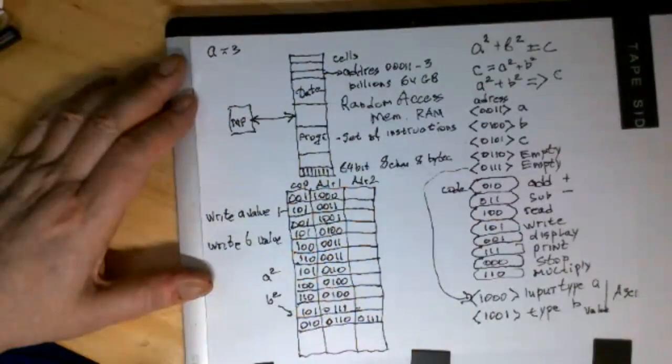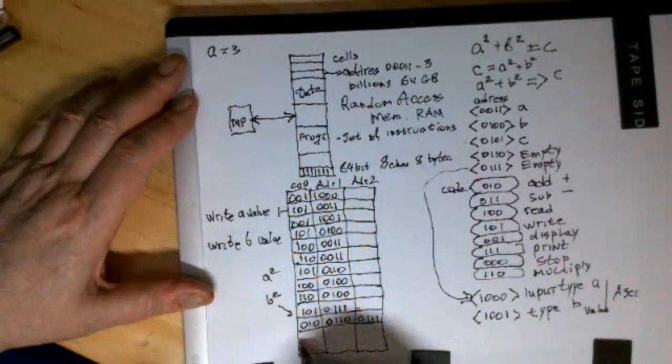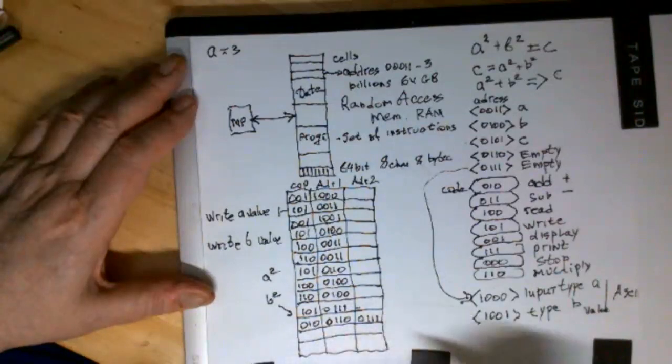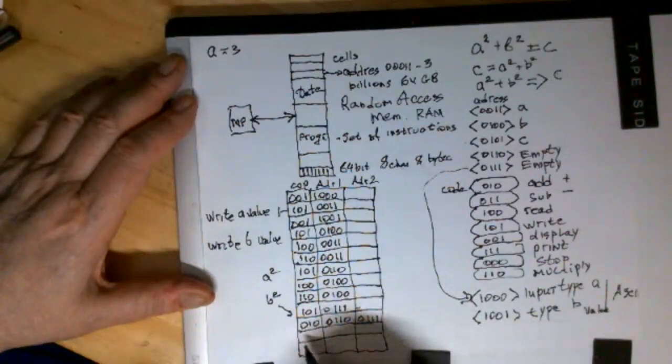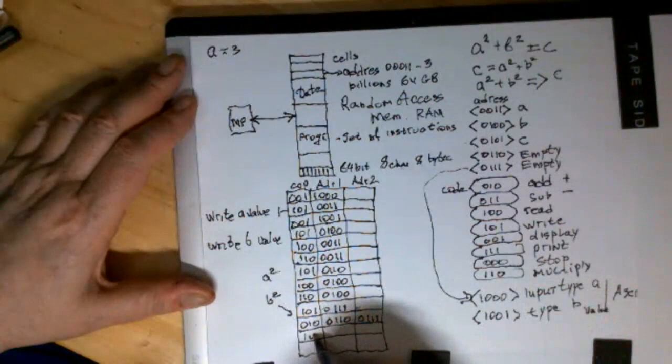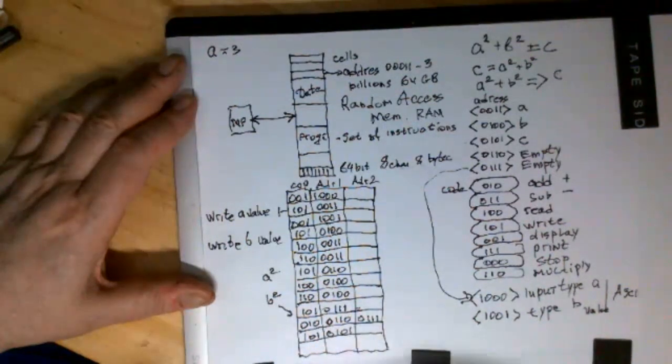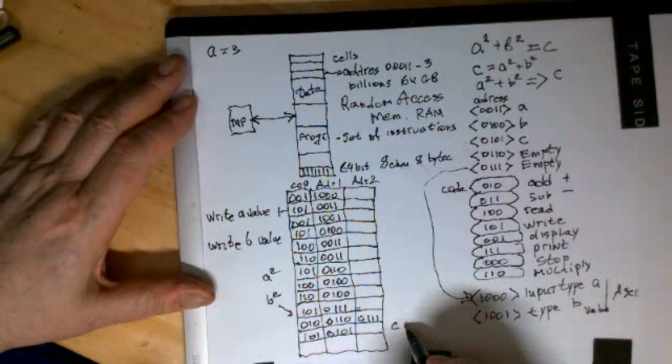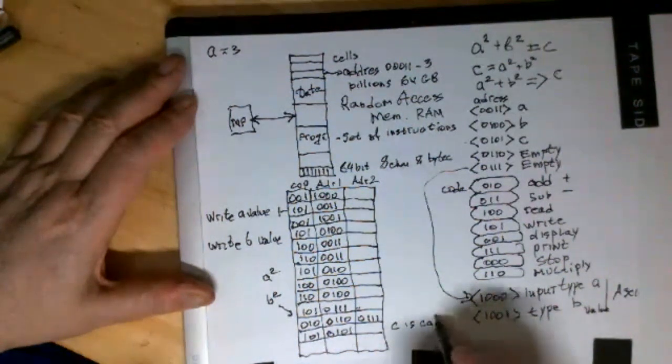The sum of the two cells will be calculated, and eventually I will put this to C. Write is 101, 101, to C, and C is the 0101 cell. And I'll put here C is calculated.